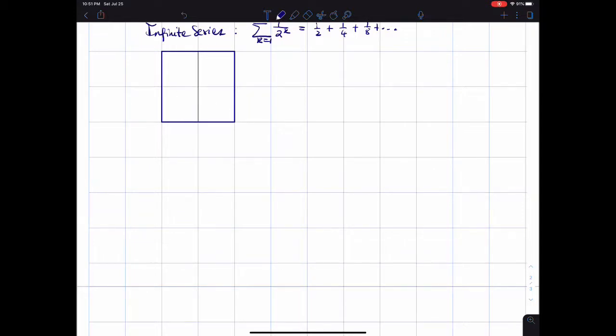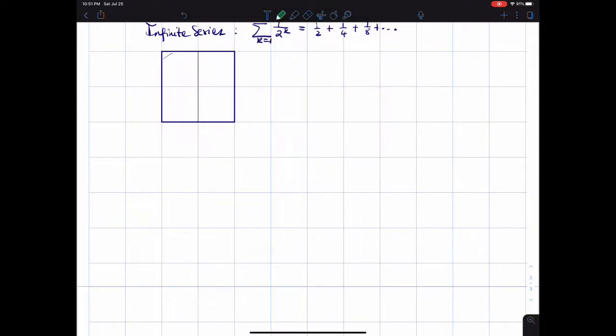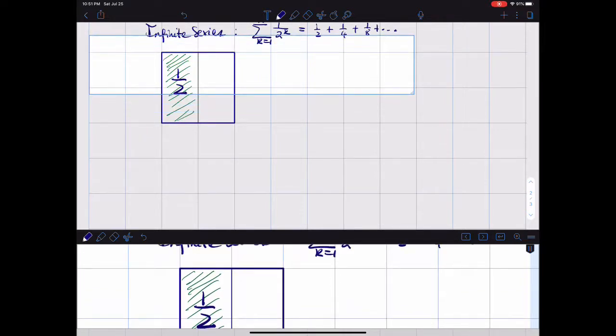Okay, so this region is 1/2. Clearly this is 1/2. So I have my 1/2.